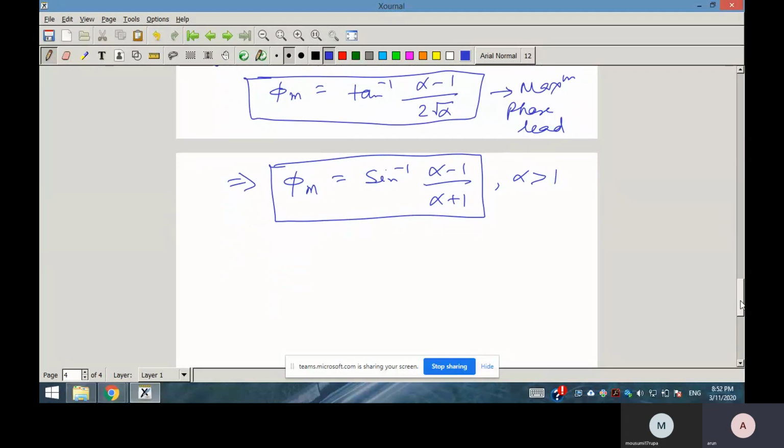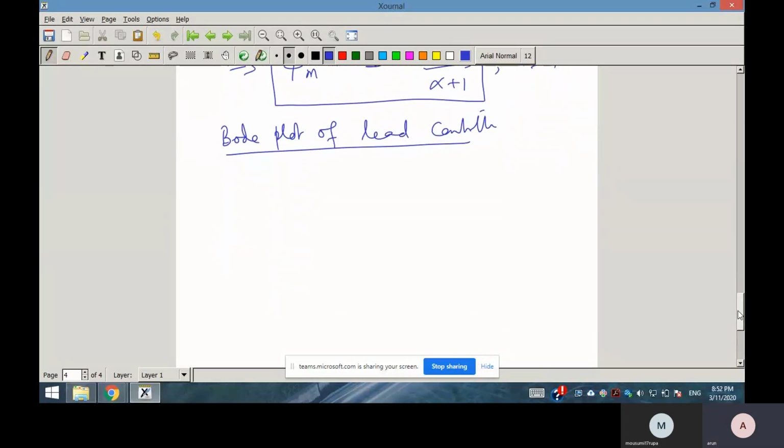Now what is the Bode plot of the lead controller? Bode magnitude and phase plot. What is the magnitude plot?